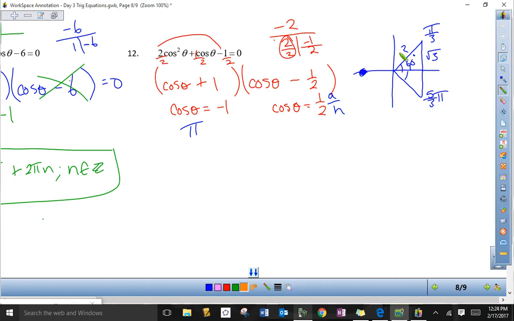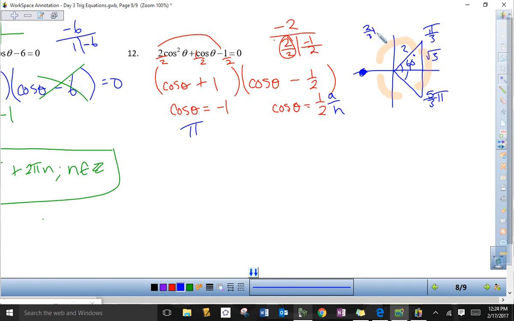And if you notice, there's a constant distance between all of those solutions. Okay, from pi over 3 to pi, you've got 2/3 pi. From pi to 5/3 pi, that's 3/3, 4/3, 5/3, it's still 2/3 pi. And this was pi over 3, this was pi over 3, so you've got 2/3 pi again.